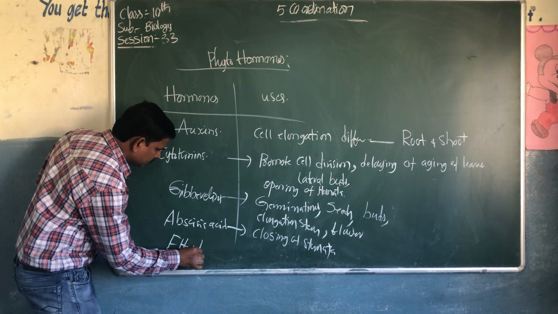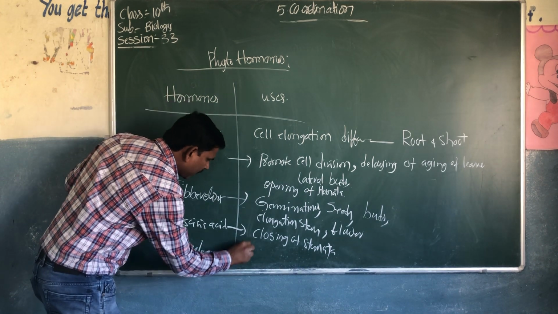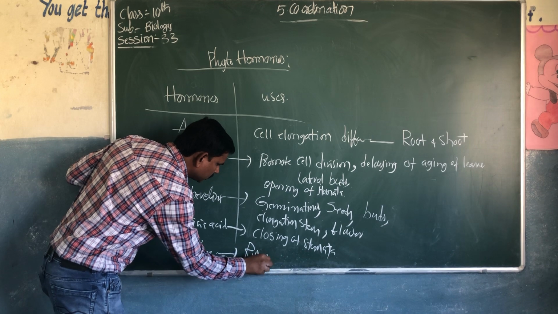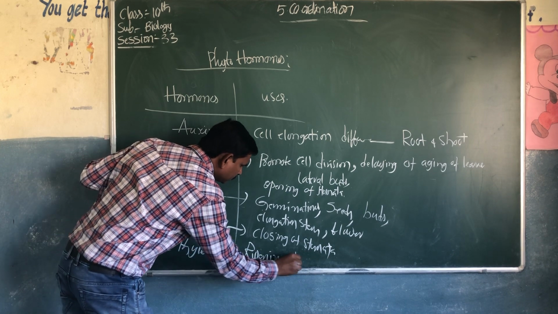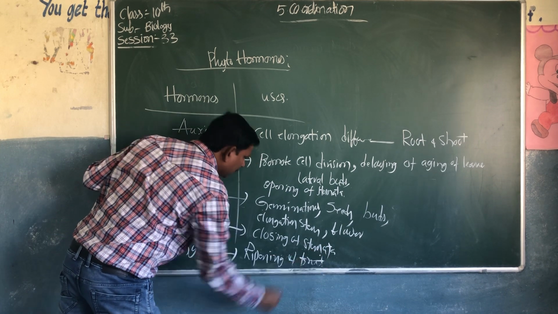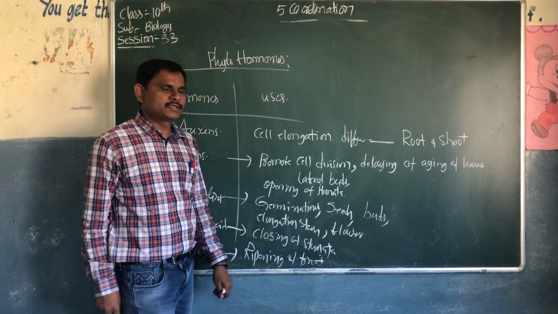Last one is ethylene. Ripening of fruits. It's very, very important.